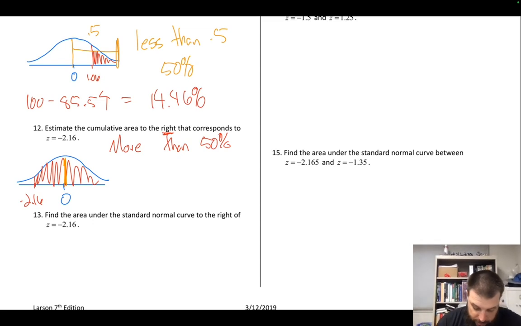And so for estimating that amount, right, 2 standard deviations, we have our 68-95 rule. Okay, so I have 95 between there plus that little bit more. So I'm going to estimate it at, say, 97.1%.